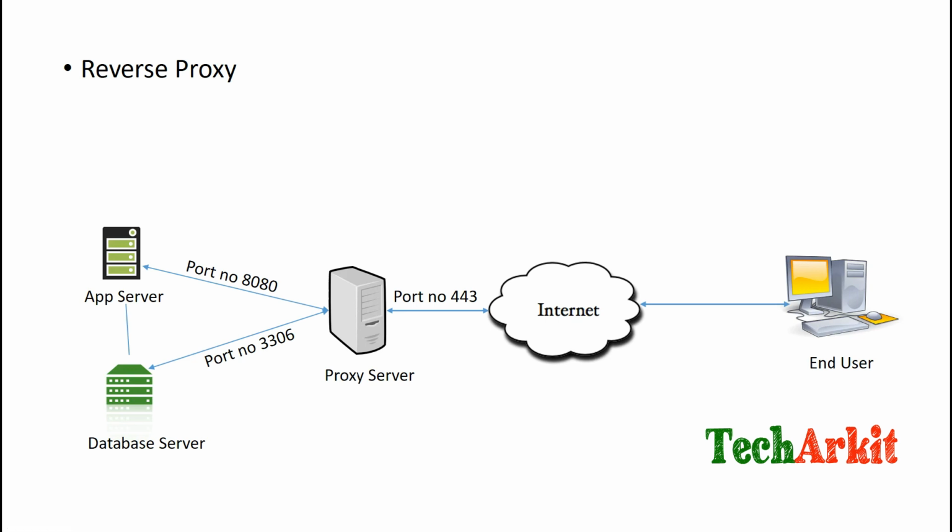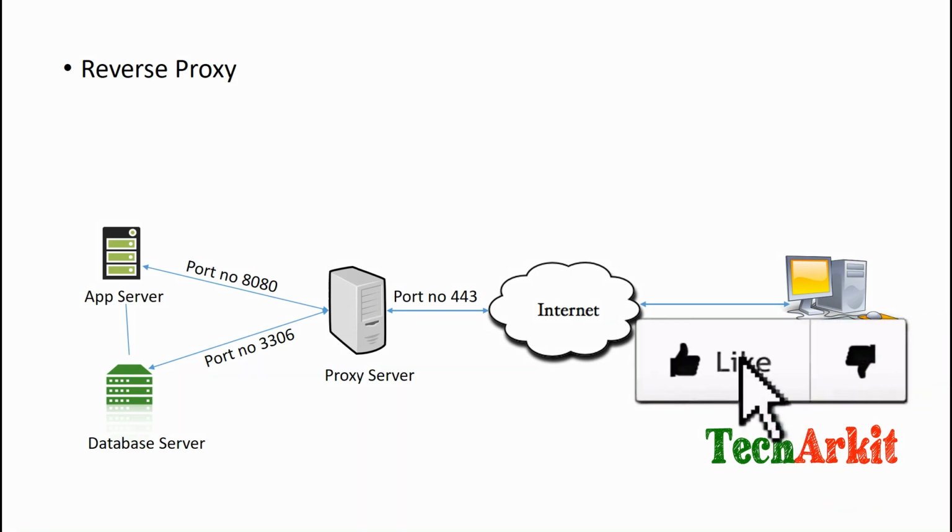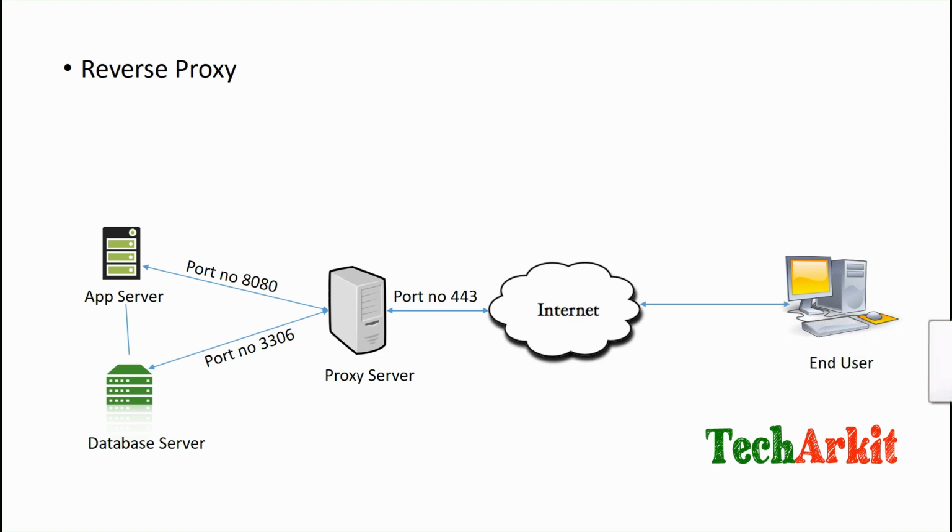Whenever anybody comes to these systems, they know only the proxy server address, which will be NATted or translated to the public facing internet network, so that whenever the end user requests any web pages or related information, the proxy delivers it to the end users.